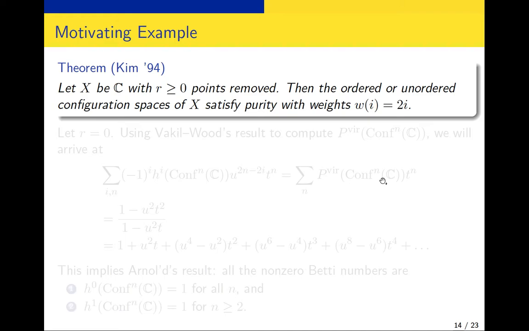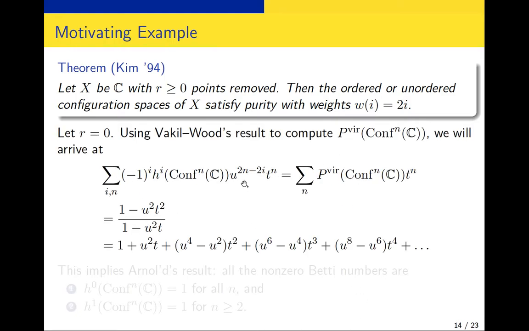Okay, so let's put together those ideas by illustrating one example. Let X be C with several punctures. Then Kim in 1994 shows that the ordered or unordered configuration space of X satisfies purity of weight W_i equal to 2i.